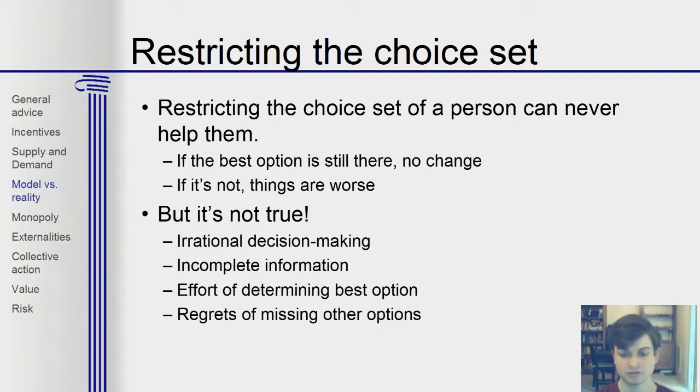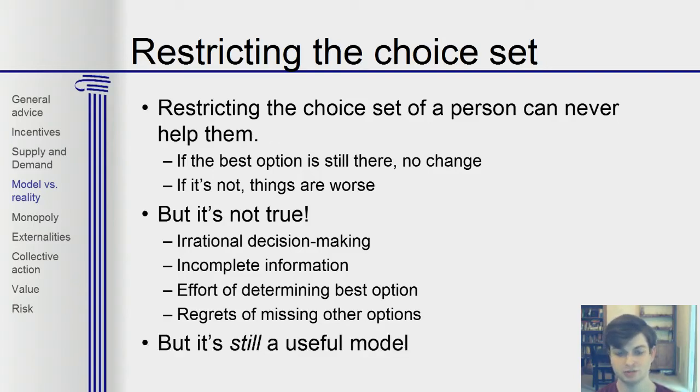So there's all sorts of reasons that it might not be true that restricting the choice set of a person can't help them. But you should see that this is still a useful model, right? This is still saying, in this idealized setting where people have information and are rational and really are just sort of utility optimizing engines and don't have irrational regrets about what they did and so forth, this will be true.